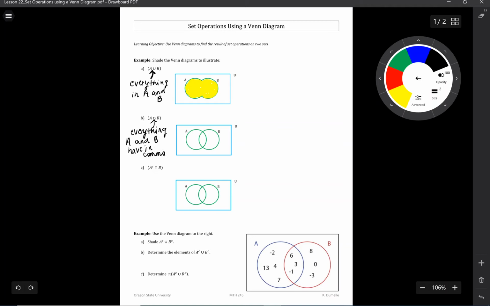So in terms of a Venn diagram, this is literally where they intersect. So I am right here in their intersection. This is A intersect B.